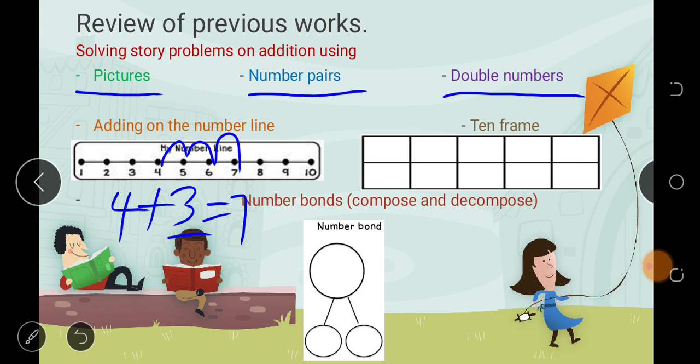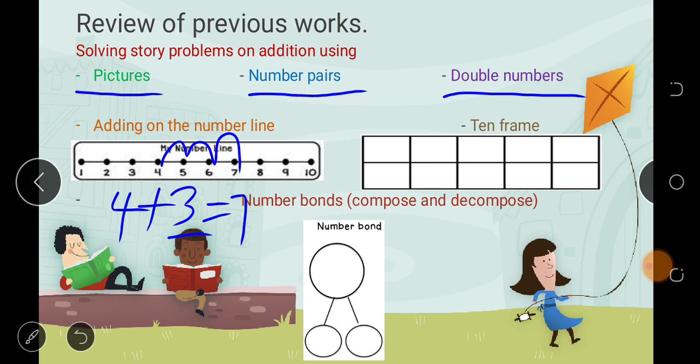Then your 10 frame. Remember the 10 frame is a rectangle divided into 2 rows. Each row has 5 equal squares. Okay, so we have 10 spaces on the 10 frame. So what do we use the 10 frame for?